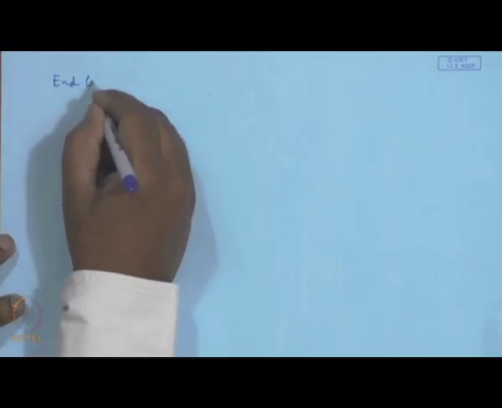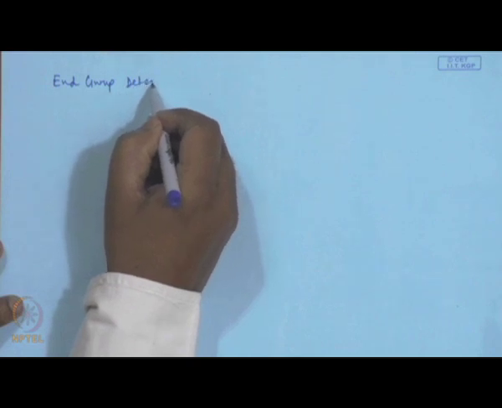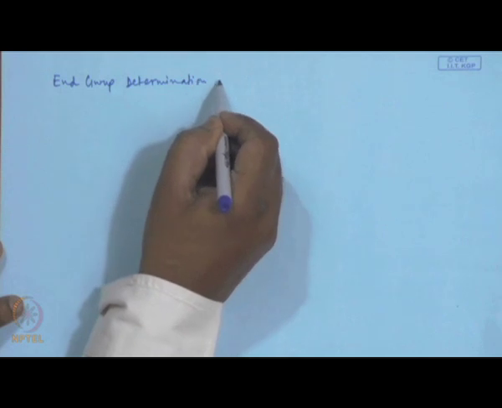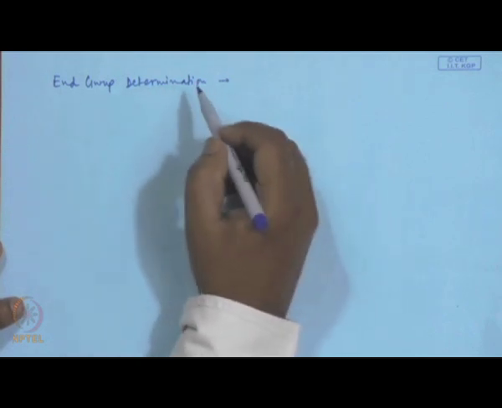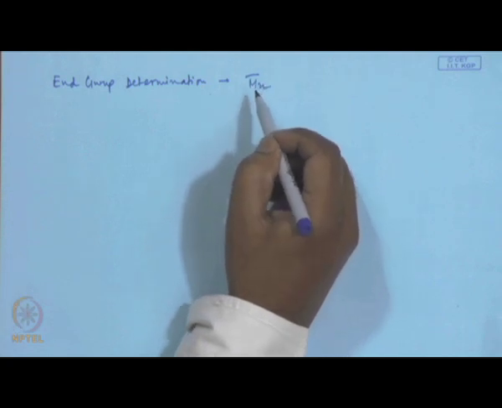Let's have a brief discussion about the third technique, the end group determination. By determining the end group quantitatively, we can also determine the molecular weight. Quantitative determination of end groups gives Mn, the number average molecular weight.